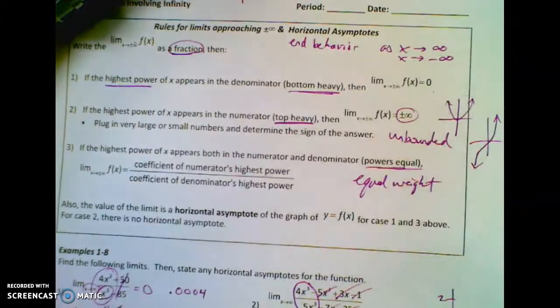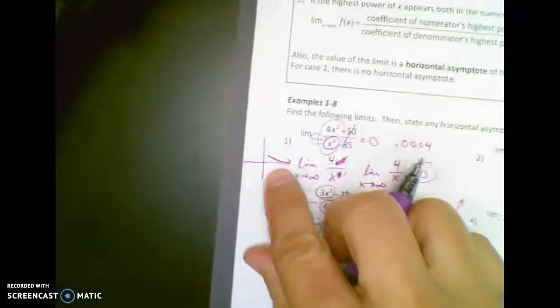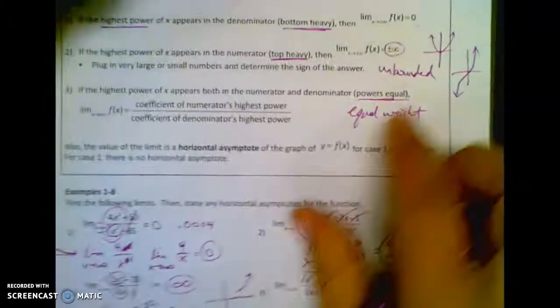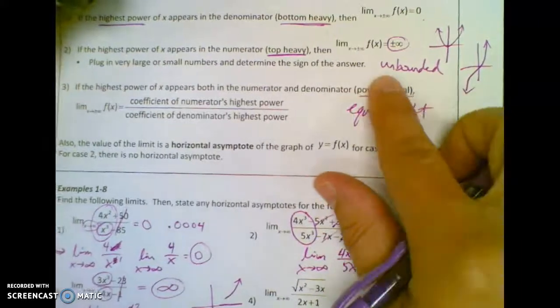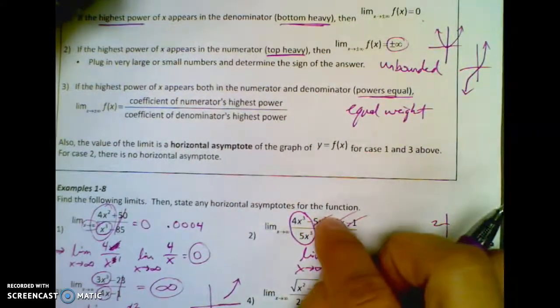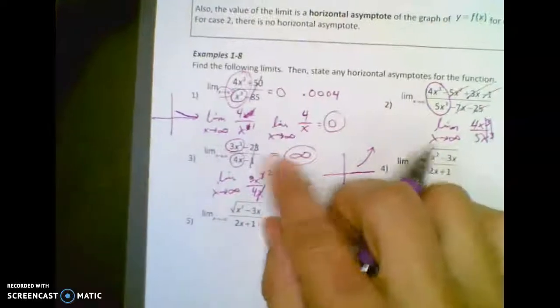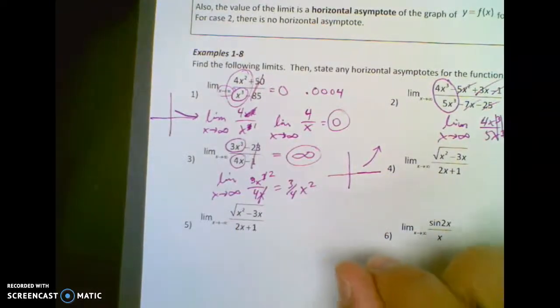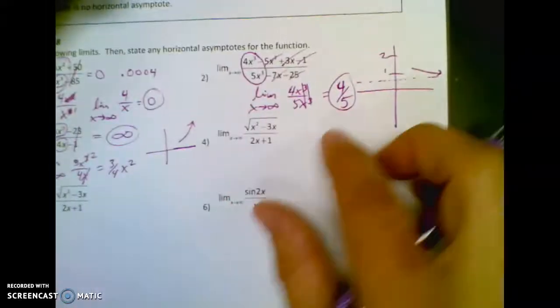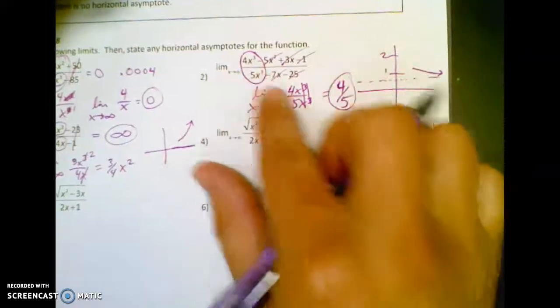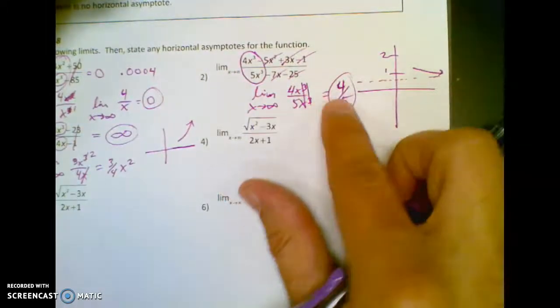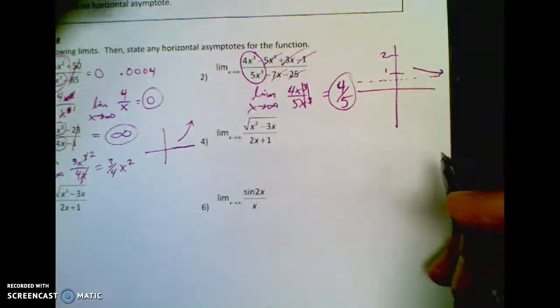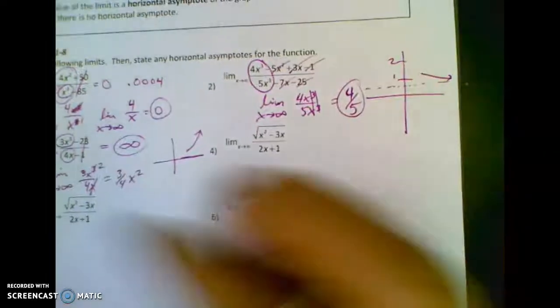Bottom heavy results in 0, so it approaches the x-axis. Top heavy is unbounded, so it either goes up forever or goes down forever. Top heavy graphs go to infinity or negative infinity. We'll talk about how you figure that out later. And if they're equal weight, you just basically cancel stuff off and save the fraction that comes out. All right, I'll come back for some examples in my other video.